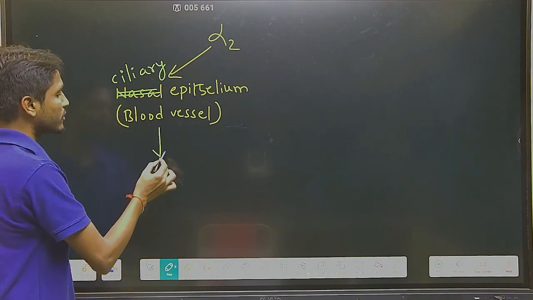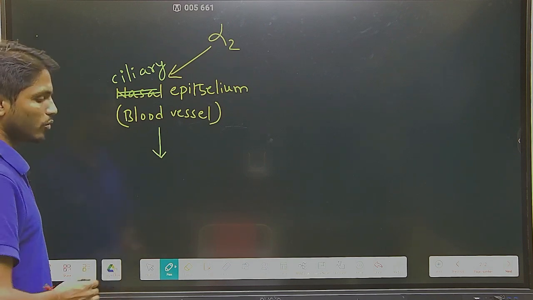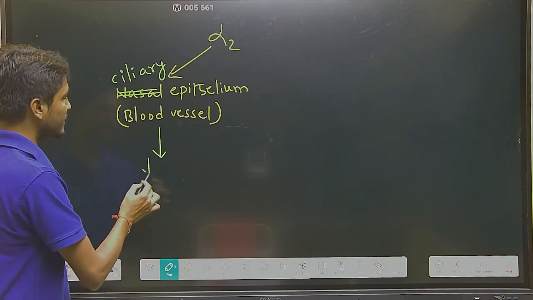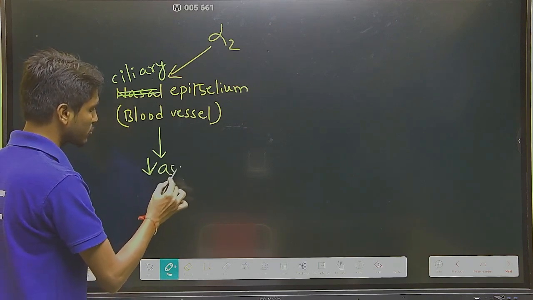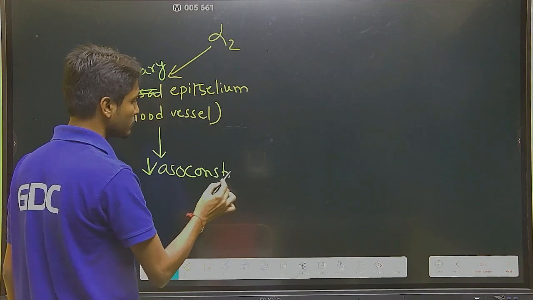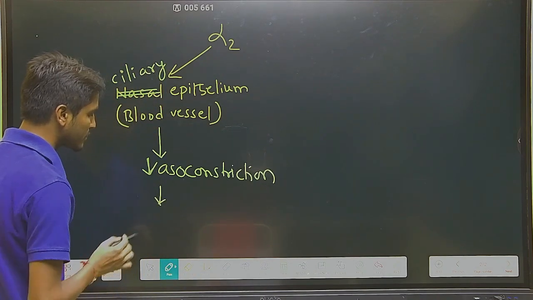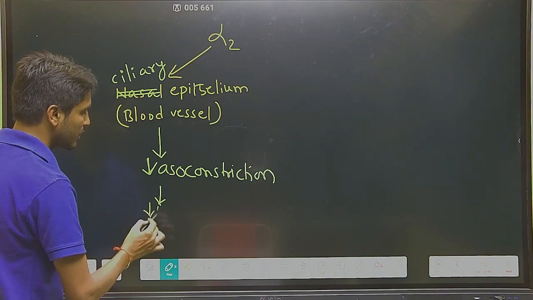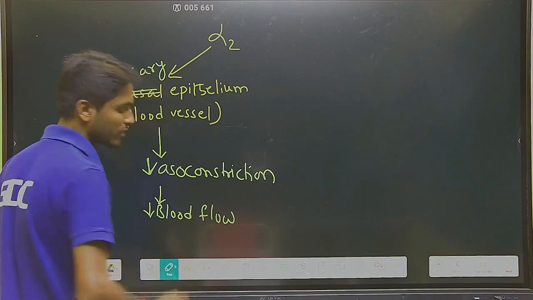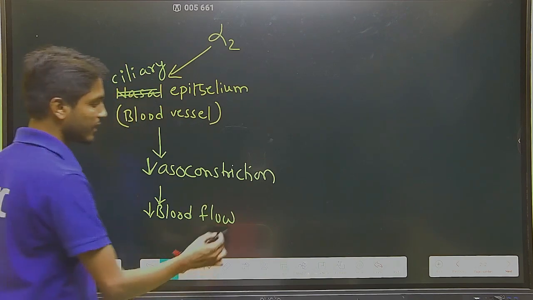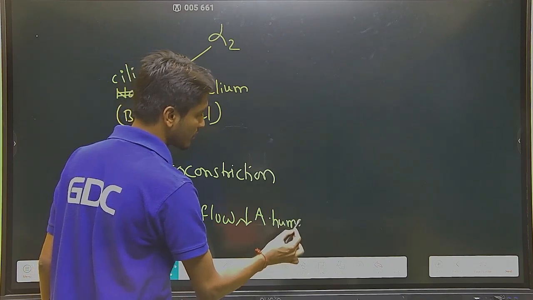If there is activation of the alpha-2 receptor located on the blood vessels of the ciliary epithelium, what will happen? Vasoconstriction will be there. If vasoconstriction happens, the blood flow to that part of the eye will decrease, and there will be decreased aqueous humor production.